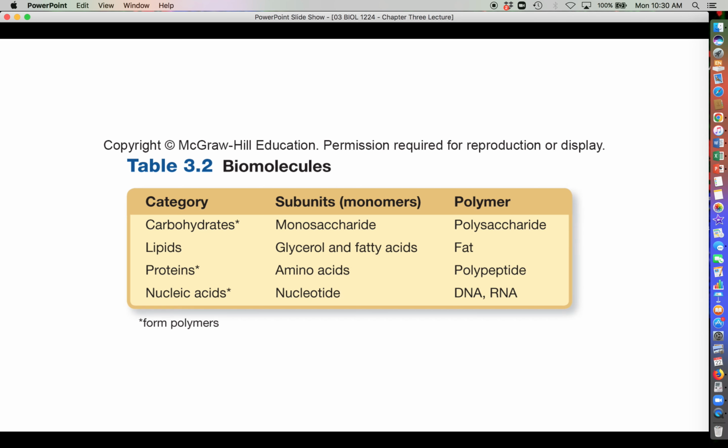So if you consider what our different types of biomolecules are made of, carbohydrates are made up of sticking monosaccharides together to build a polysaccharide. Lipids are built by sticking together glycerol with the fatty acid monomers to make a fat. Proteins are built by sticking amino acids together to make a polypeptide. And then nucleic acids are built by sticking nucleotides together to make DNA or RNA.